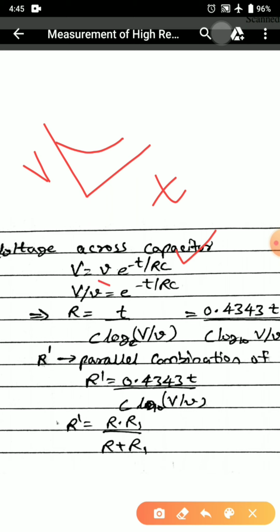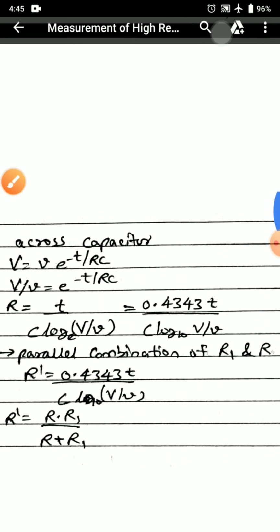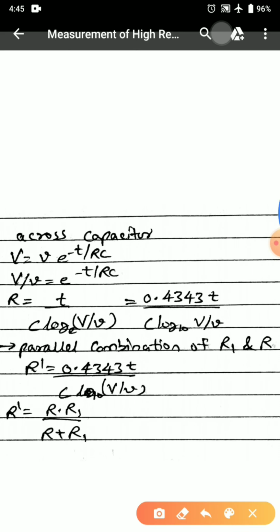Now, by taking the ratio V by v, I can find the value of e to the power minus t by RC, and finally, solving for R, I get R is equal to t by C log e V by v.